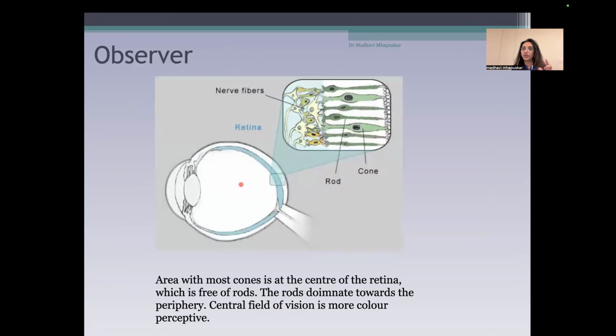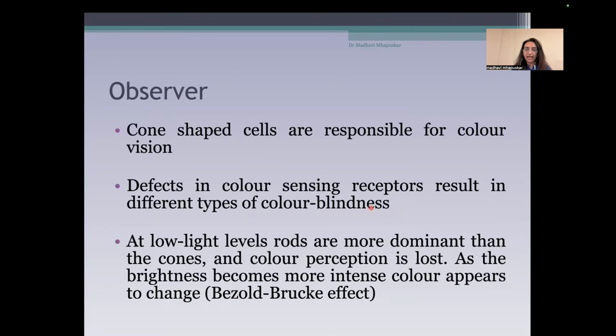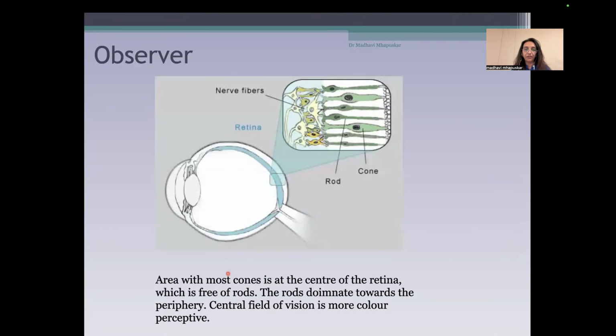Now the observer. So the interaction was with the illuminant falling on the object and then what the observer sees. In the observer, it's the eyes which are responsible for vision. In the eyes, we have the area where you have the rods and the cones. The rods dominate towards the periphery and the central field of vision is more color receptive, that is the cones.